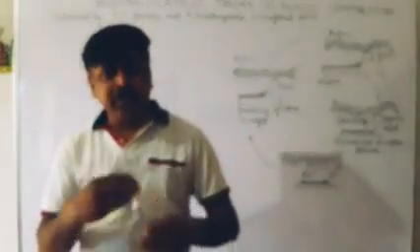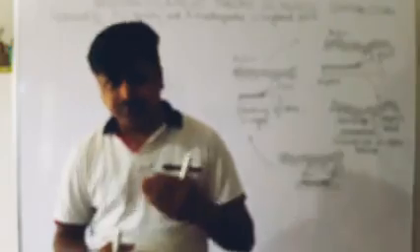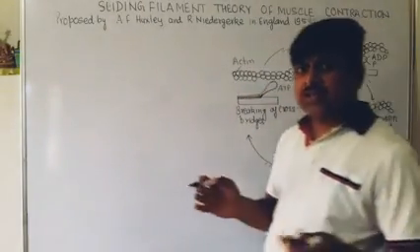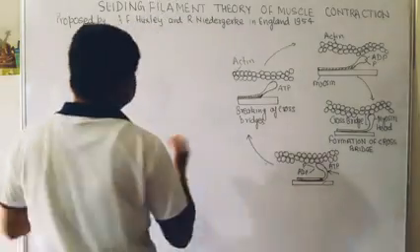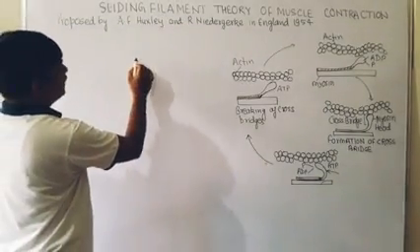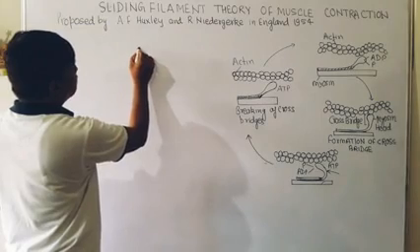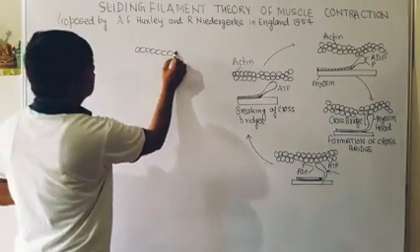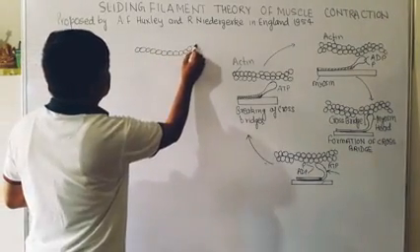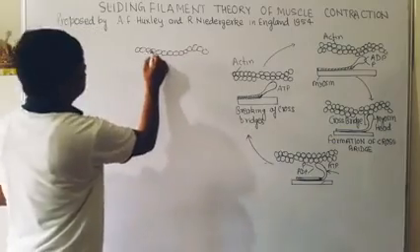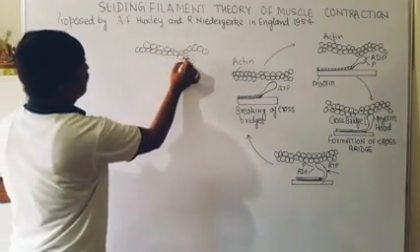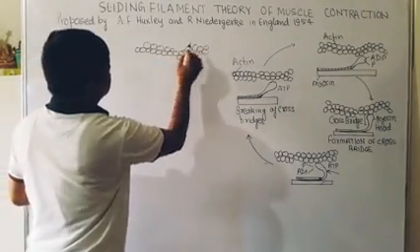So before going through this sliding filament theory, I would like to remind you of the structure of the actin and the myosin filament. In actin, students, you already know that it has two helically coiled F actin. आप देख सकते हो, you can easily see these two are the F actin.